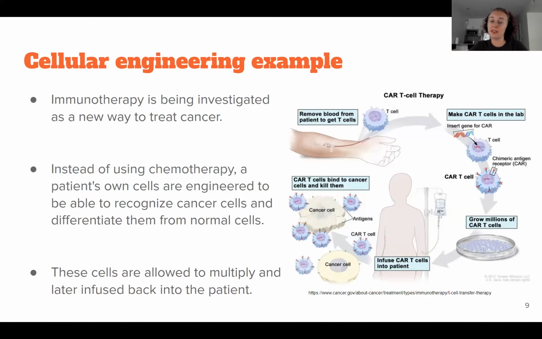So like we said, one of the things that cellular engineering is being investigated for is cancer specifically. And in that context, it's usually referred to as immunotherapy. People might know someone who has had cancer, they often receive chemotherapy, and as a result of that chemotherapy, they usually become very, very sick. It's very hard on the body.